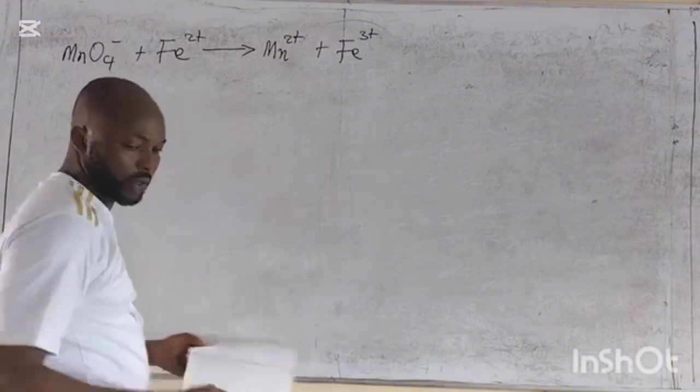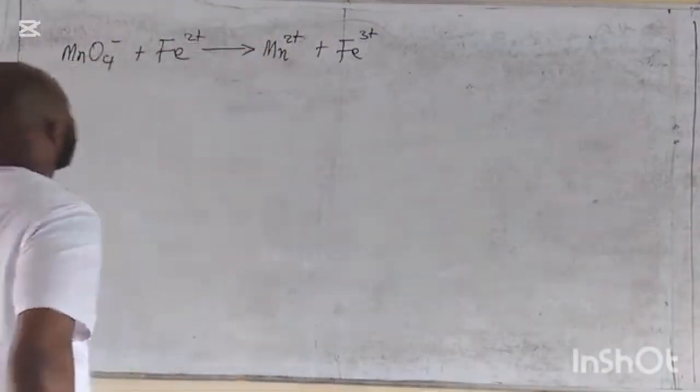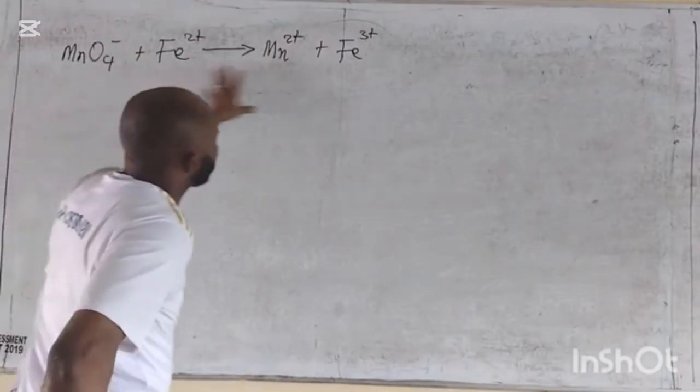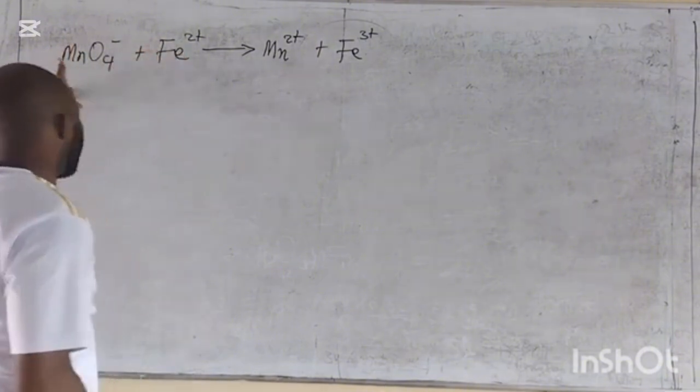Okay, I think we're correct. So let's balance. This is a redox what? Equation. Now, the first thing we do is to calculate the oxidation state of each of these, either element or ions or compound, and so on.